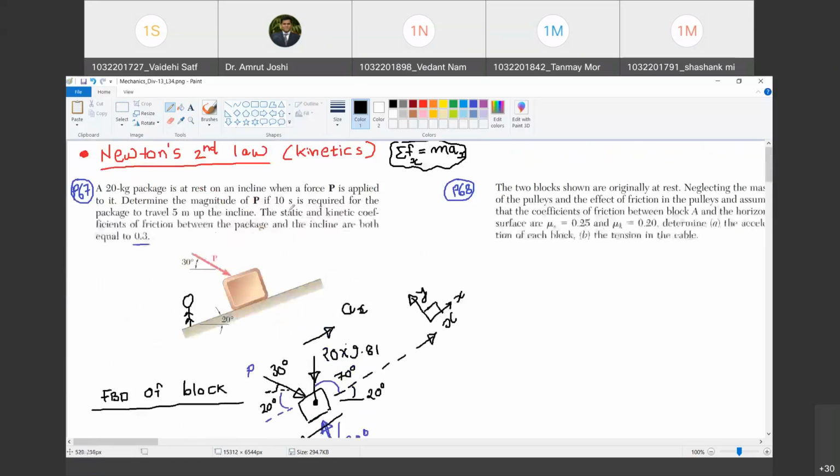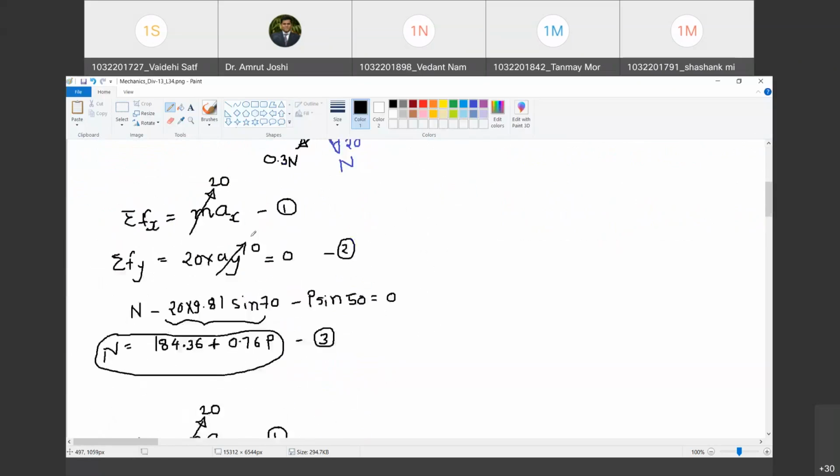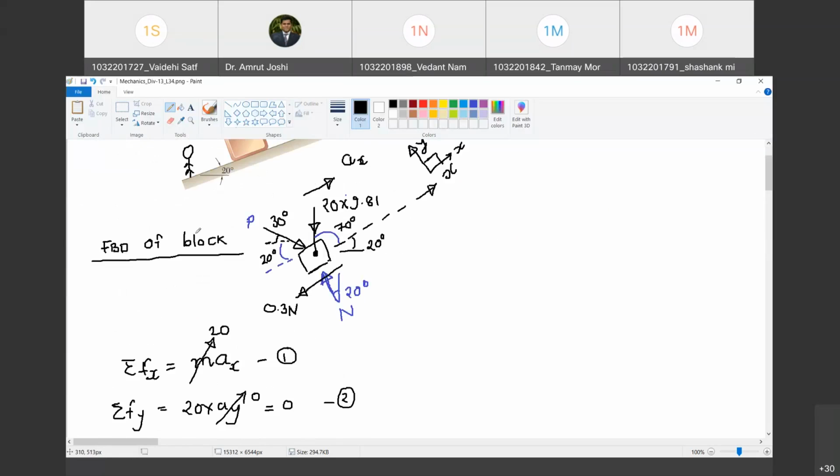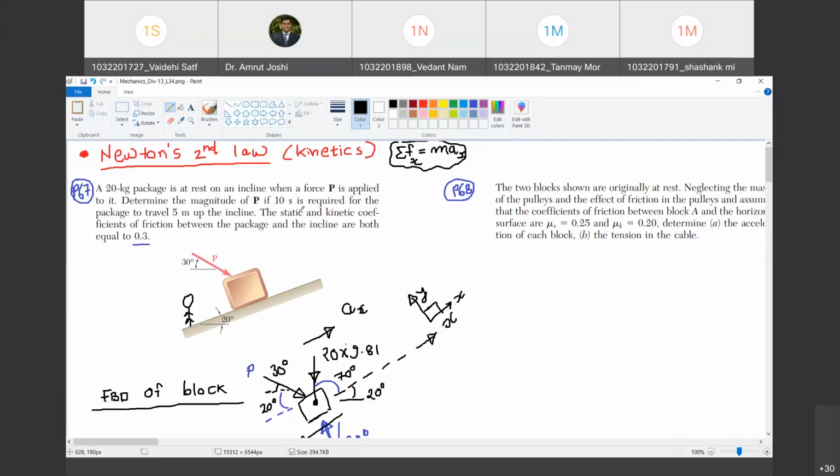Now, one more additional information is given. What is the information? That 10 seconds are required for the package to travel 5 meter up the incline. So S is equal to, it starts from rest. The package starts from the rest.